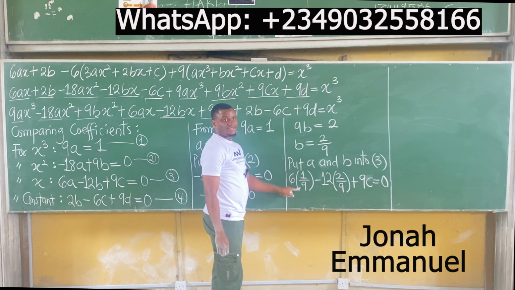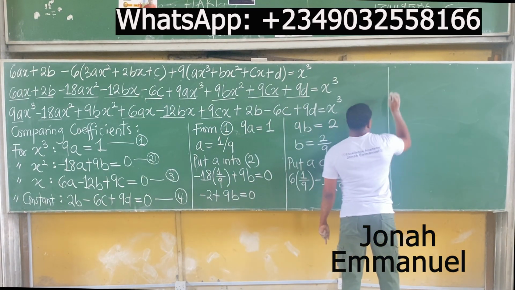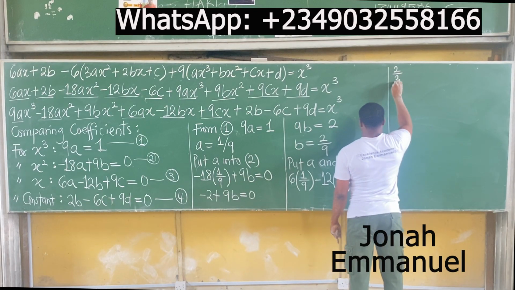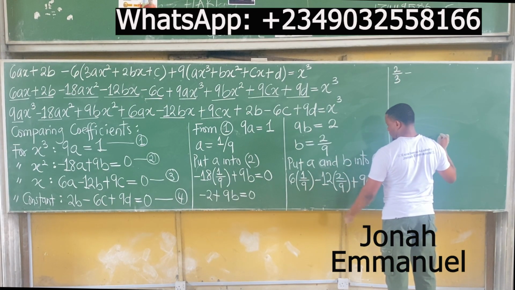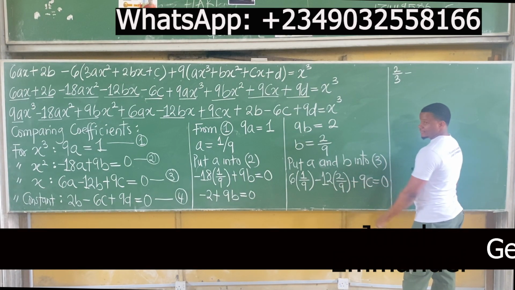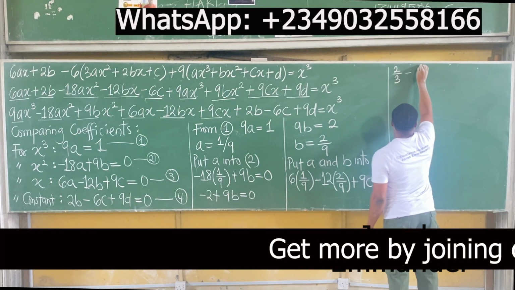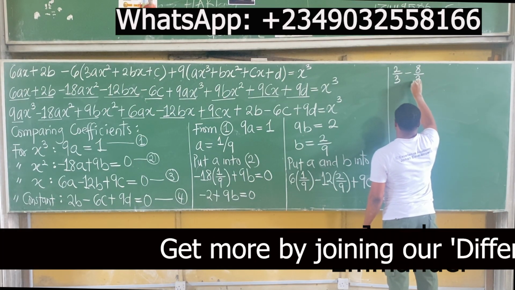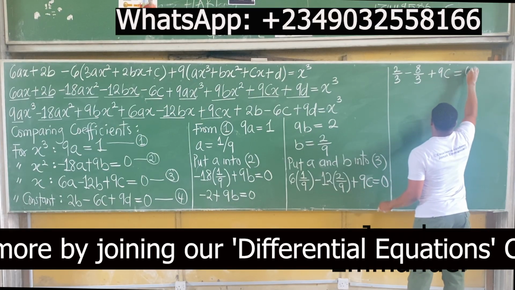This gives you 6 over 9, which is what there? 2 over 3. What do you have here? This is 24 over 9. So in lowest term, what do you have there? 8 over 3 plus 9c equal to 0.